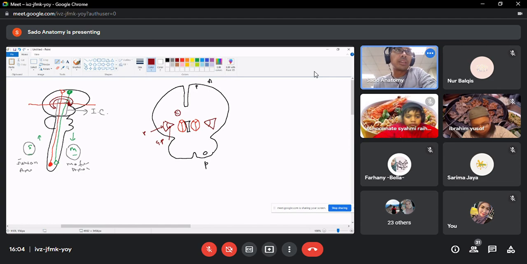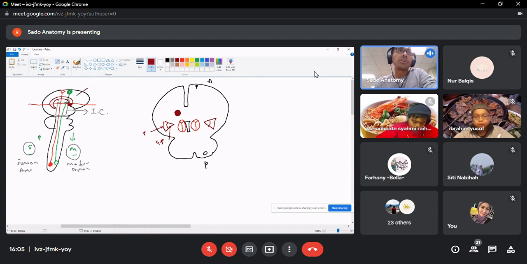This nucleus we call the caudate nucleus, or more specifically, the head of the caudate nucleus.